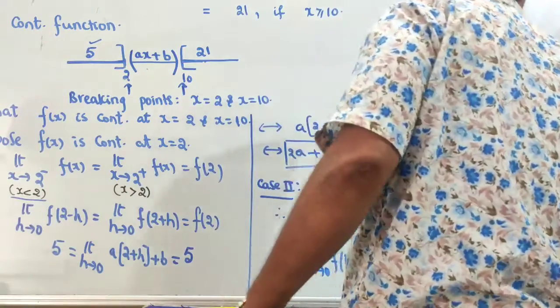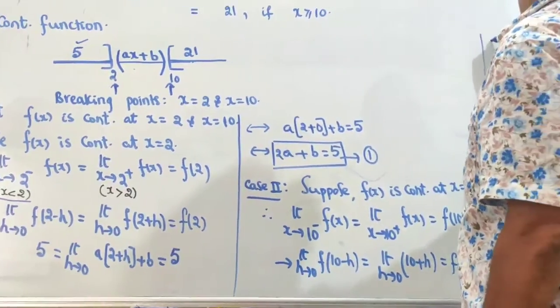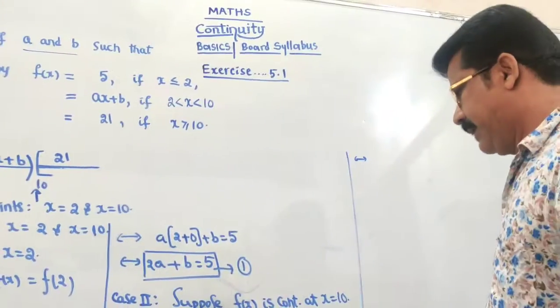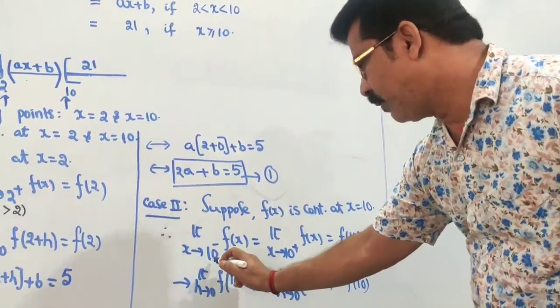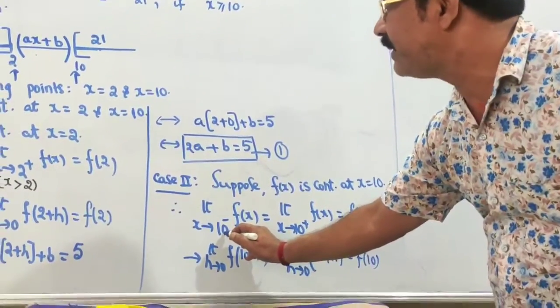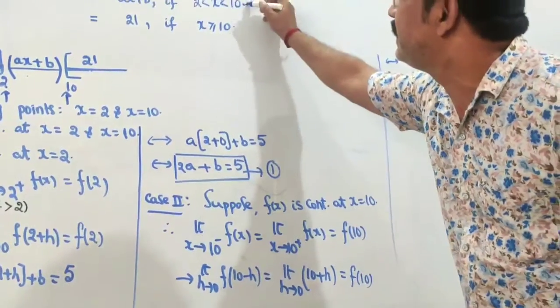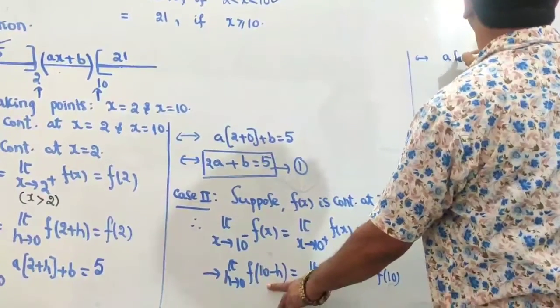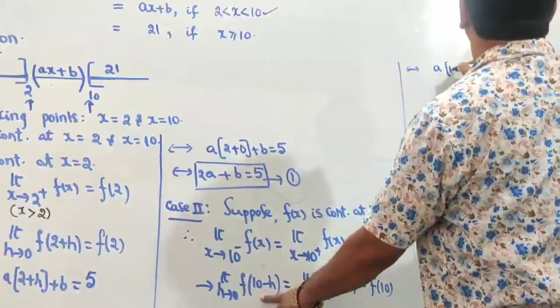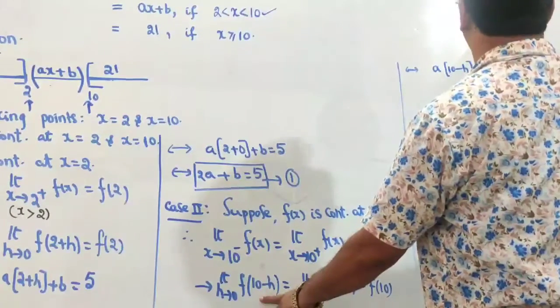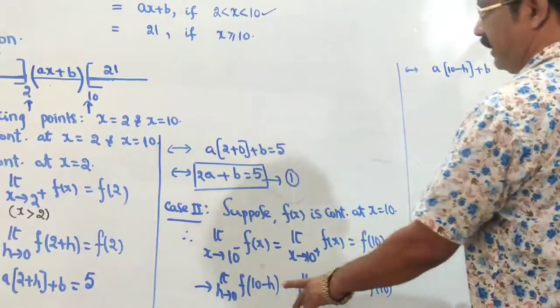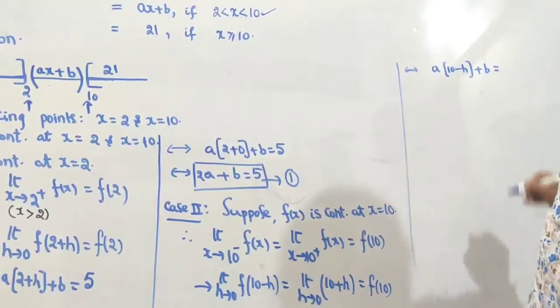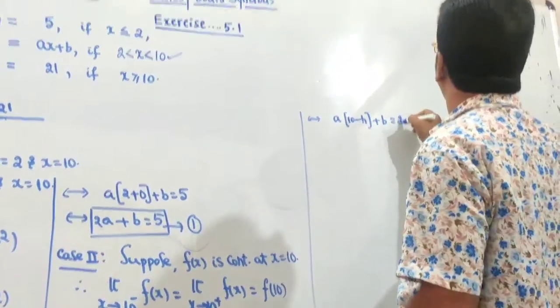So that implies, h tends to 0. Here x less than 10 means a into (10 minus h) plus b. So that is equal to, for x greater than 10, the constant 21.